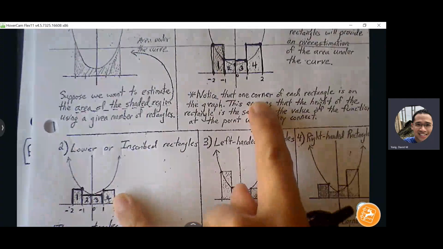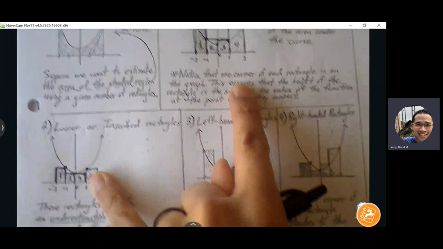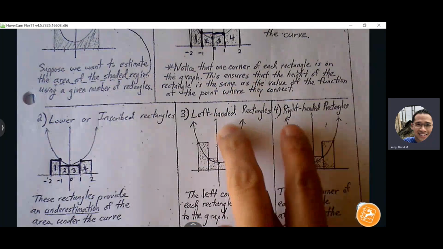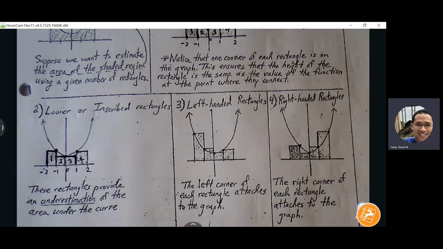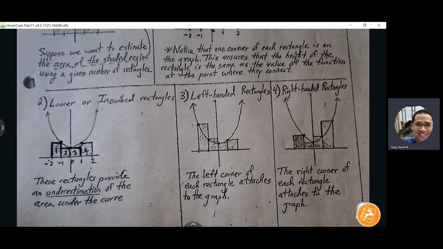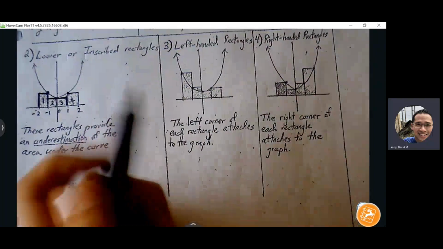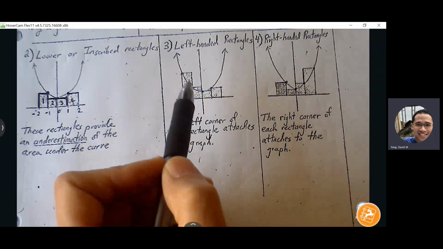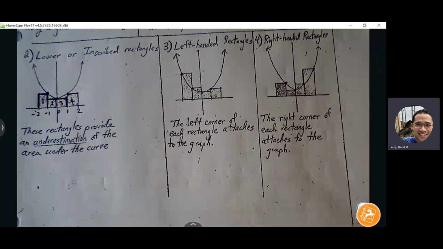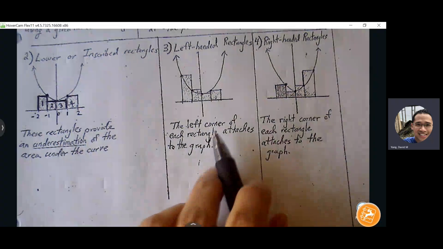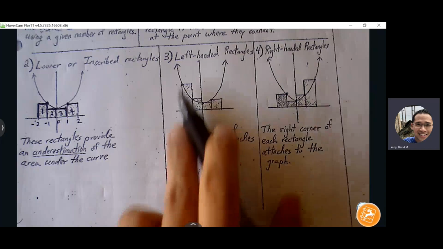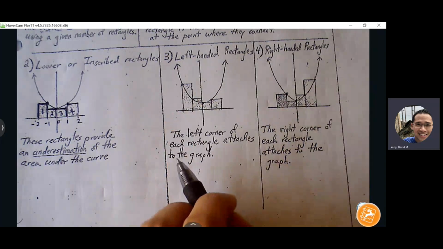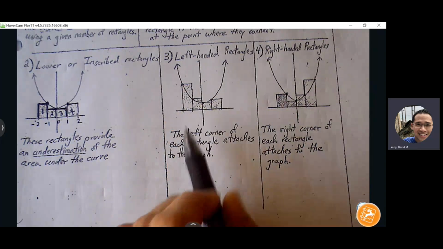Okay, now these are important concepts, but what's more common is when a problem asks you for just left-handed rectangles or just right-handed rectangles. With left-handed rectangles, we don't really care about whether it's an over approximation or under approximation. We just want to find some approximation, and we want to find it quickly. So if the problem asks for left-handed rectangles, then you're purposely just going to attach the left corner of each rectangle to the graph.